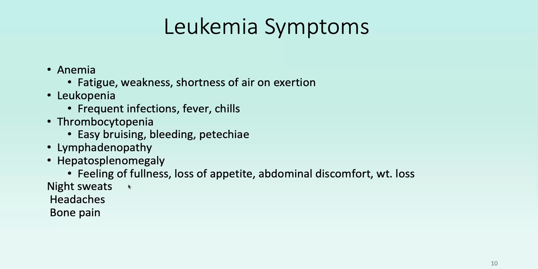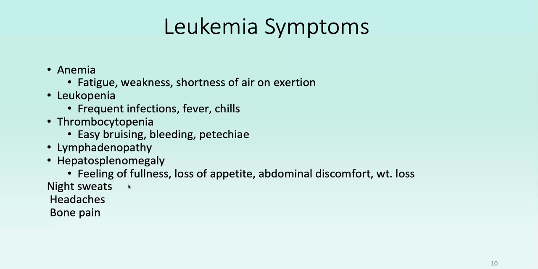Generalized lymphadenopathy, splenomegaly, and hepatomegaly are caused by infiltration of leukemic cells, but are more common in acute lymphocytic leukemia.